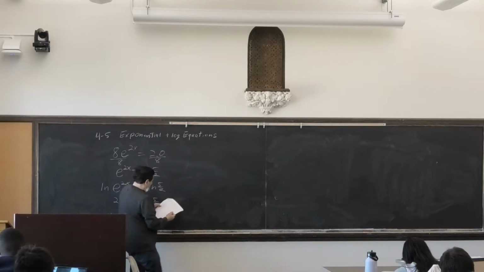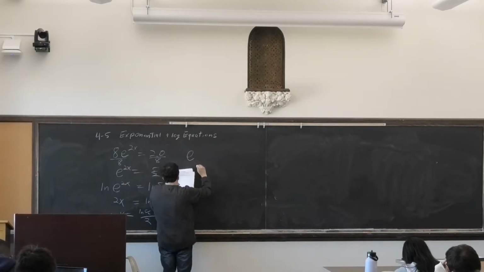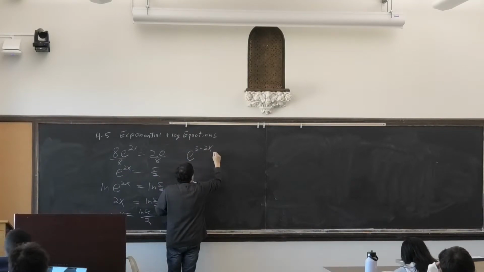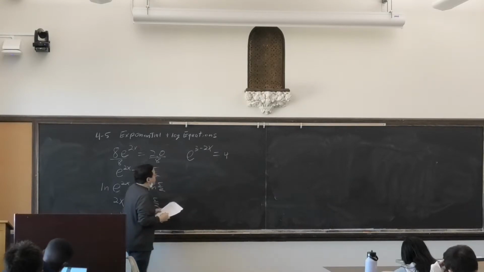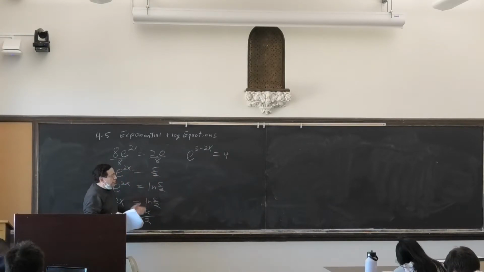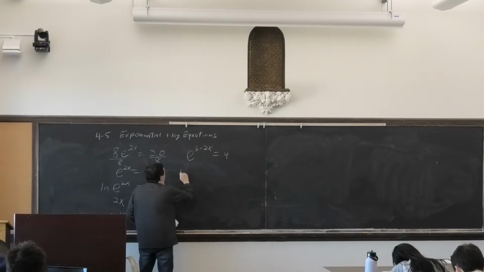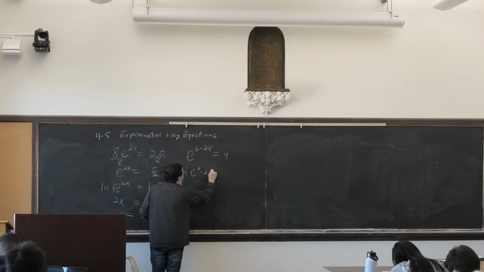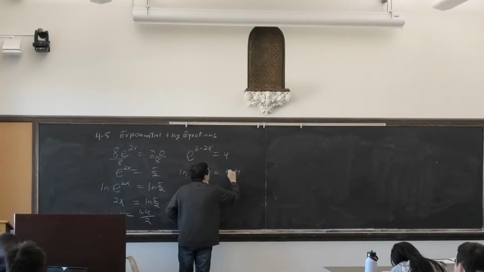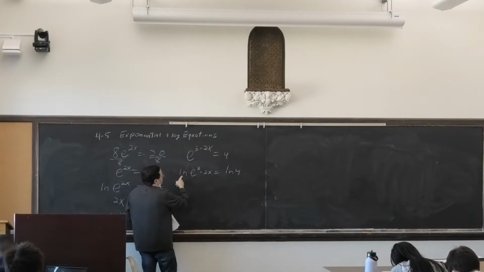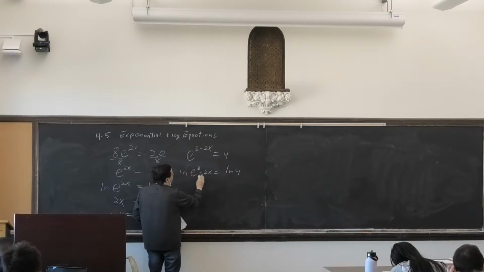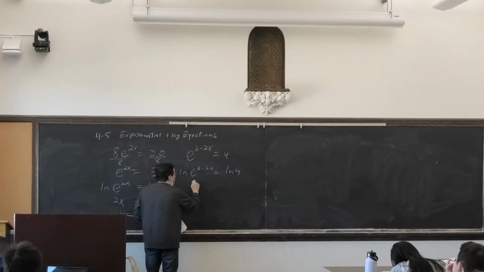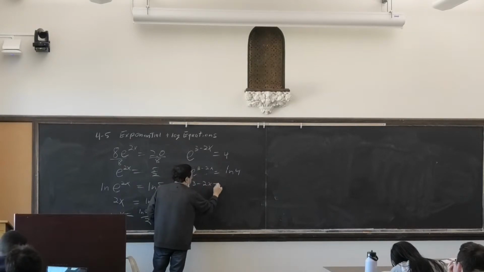We could have something a little more complicated. We could have, say, e to the 3 minus 2x equals 4. Again, we're going to just take the ln. By taking the ln of this function, they're inverse functions, so we just end up with 3 minus 2x.